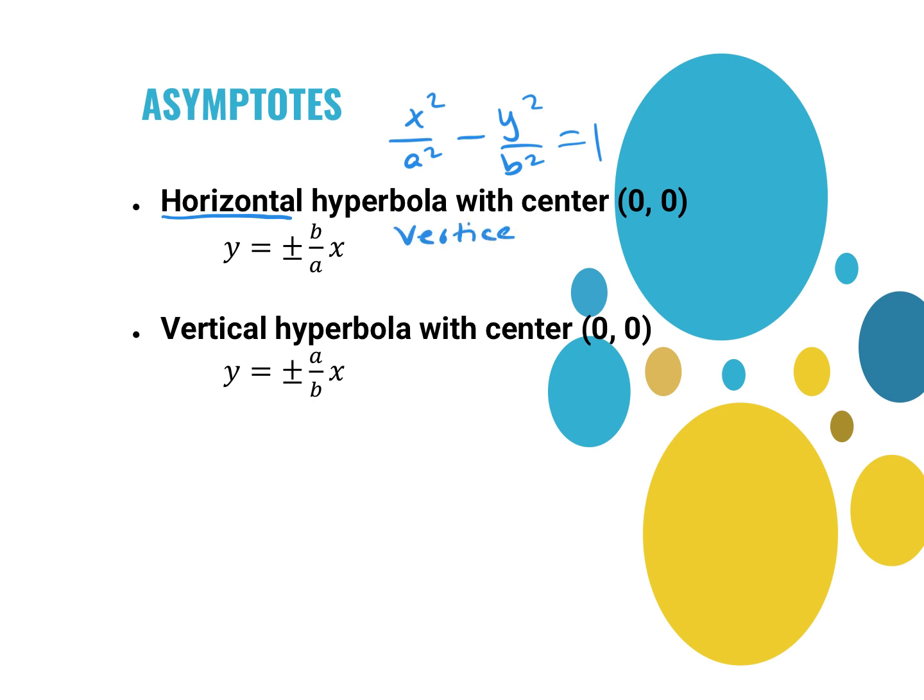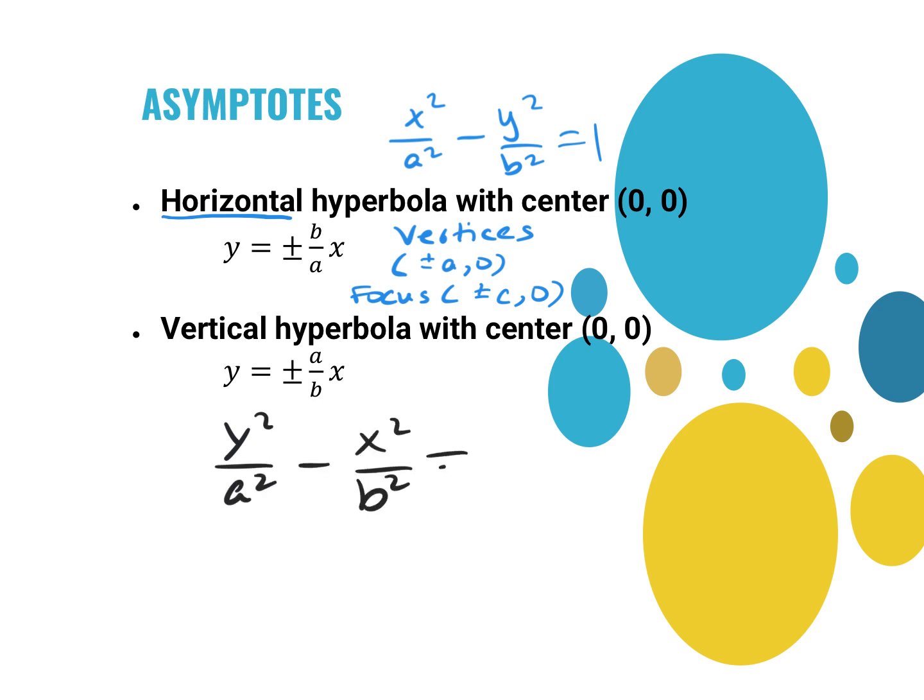Your vertices are located when it's horizontal, meaning side to side, or transversing the x-axis, plus and minus a comma 0. And then your foci will be plus and minus c comma 0. Then when it's vertical, the equation is y squared, because we see y first, y squared over a squared minus x squared over b squared equals 1.